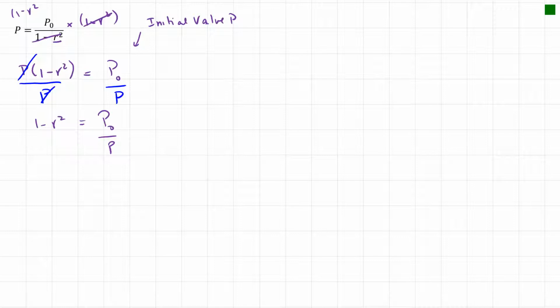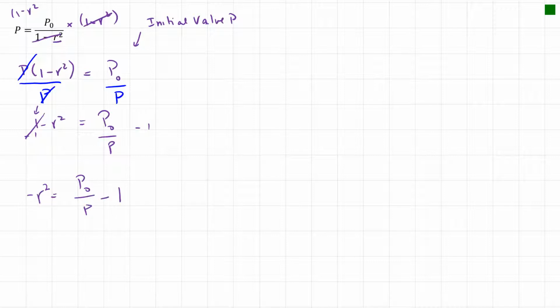I'm going to subtract 1 because I need to get rid of this 1. If I subtract 1 on this side and on this side, here it cancels and I end up with negative R squared equals P0 divided by P minus 1.